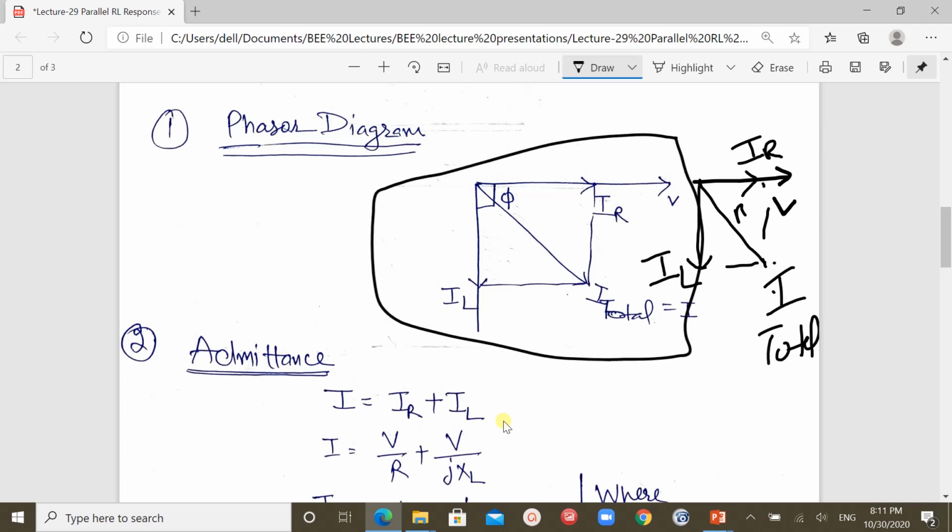From here you can find out the complete things. V is the reference, IR is the current in the resistance, IL is the current in the inductor which lags behind by 90 degrees. So we find the total current by the rectangular phasor method.